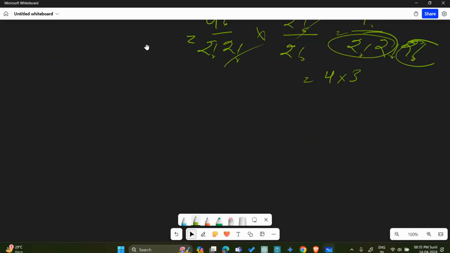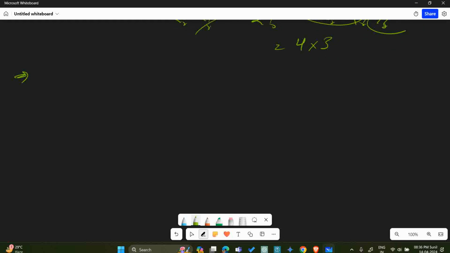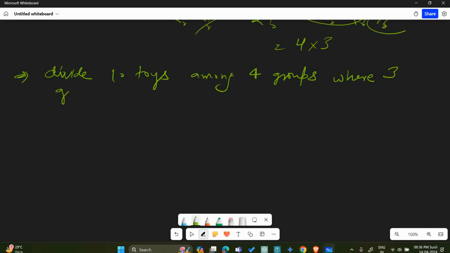Next question is also very important. Divide 10 toys among 4 groups, where 3 groups have exactly two toys and one has 4 toys.